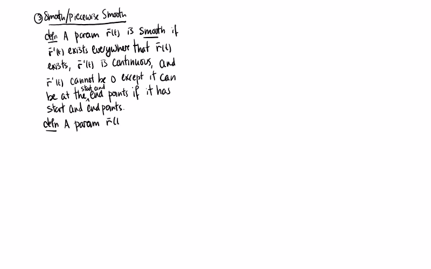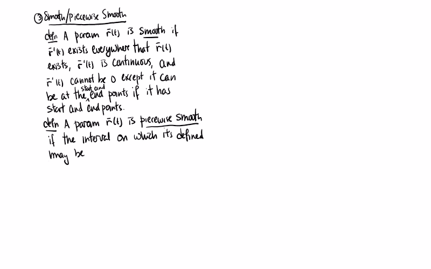The parameterization R of t is piecewise smooth if the interval on which it's defined, the t values, may be broken up into subintervals on which it's smooth.